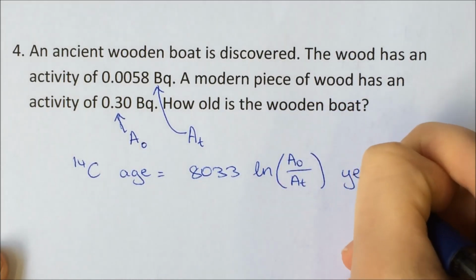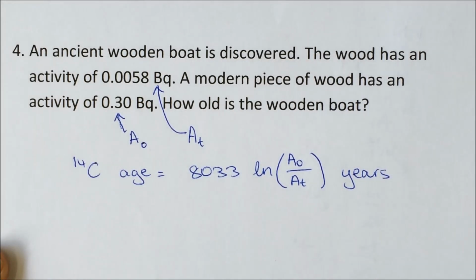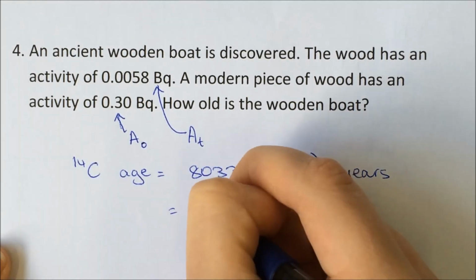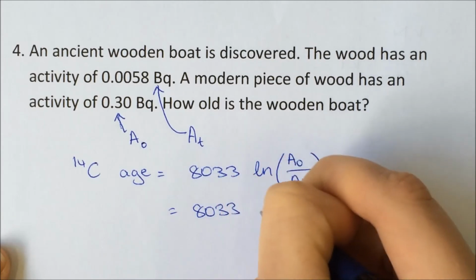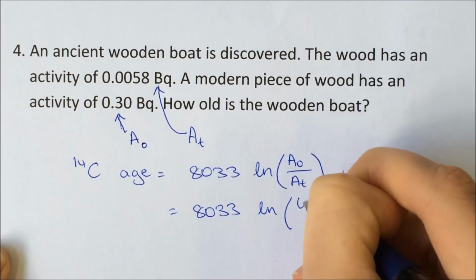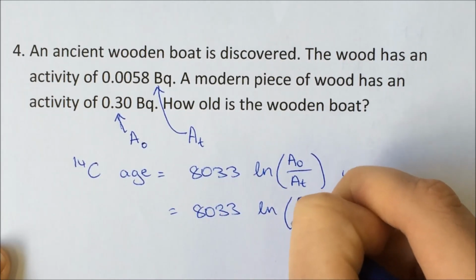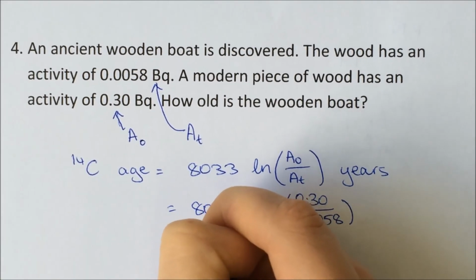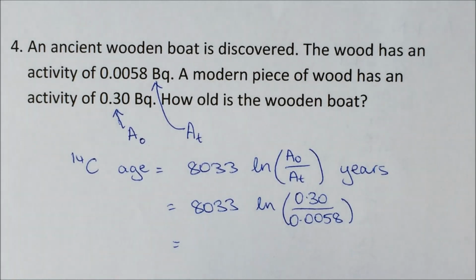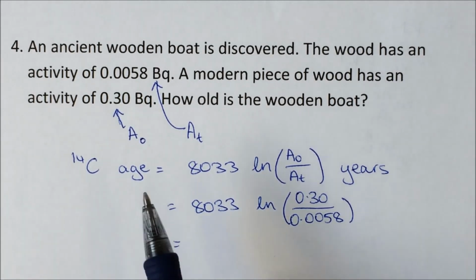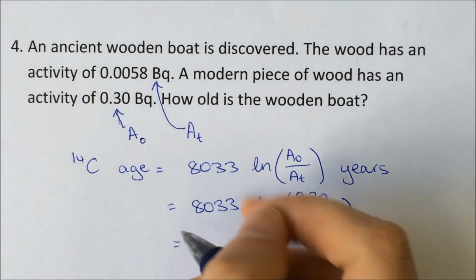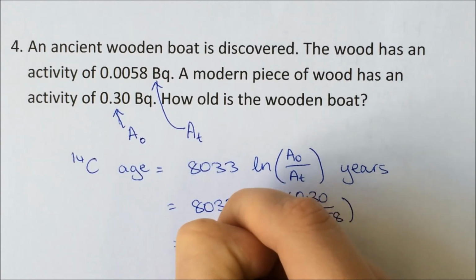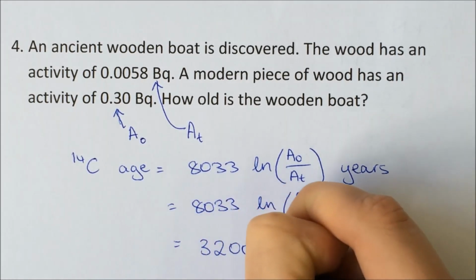And remember that the answer for this will be in years, not in seconds. We can substitute in our values. And when we put this into the calculator, remember we now need to round to 2 significant figures. That will give us a value of 32,000 years.